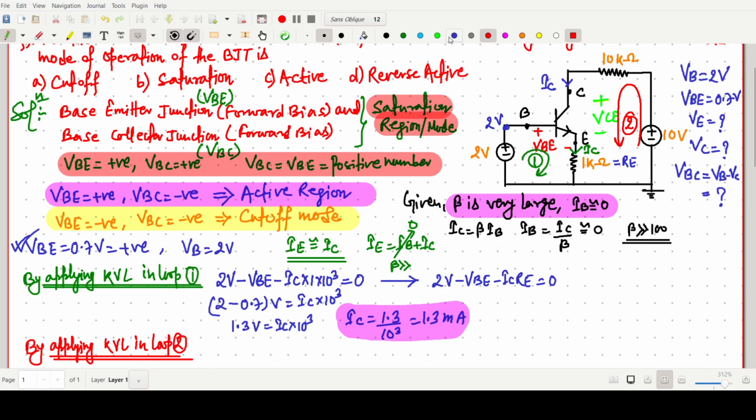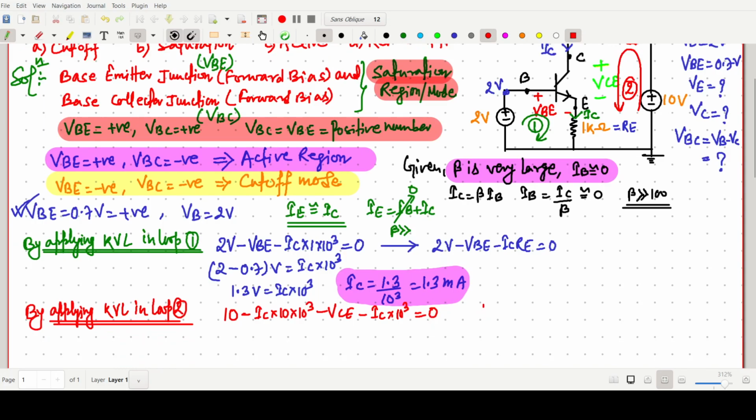So directly we can write 10 minus, current direction is like that, IC into 10 to the power 3, then minus VC, simple KVL concept, minus IC into 10 to the power 3 equals 0. 10 volt minus 10 kilo ohm into IC minus VC, minus IC RE.